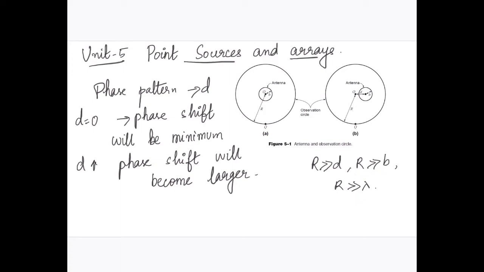However, the phase pattern will generally differ depending on d. If d is equal to 0, the phase shift will be minimum, and if d is increased, the phase shift will become larger. Here also the different components will be E theta, E phi, and the phase difference delta.